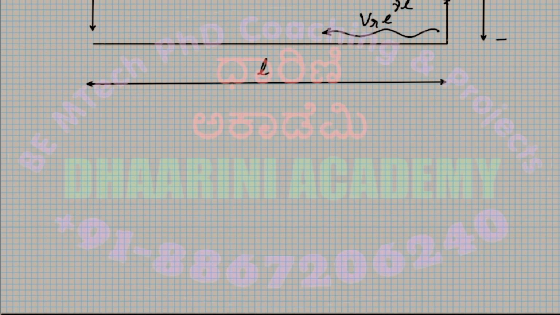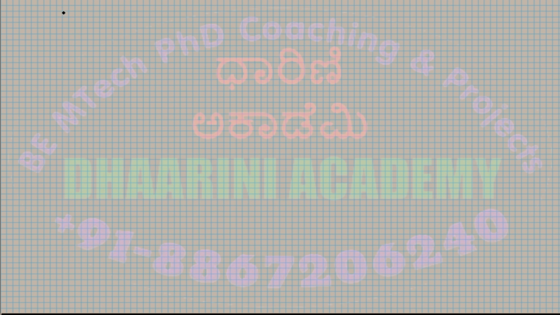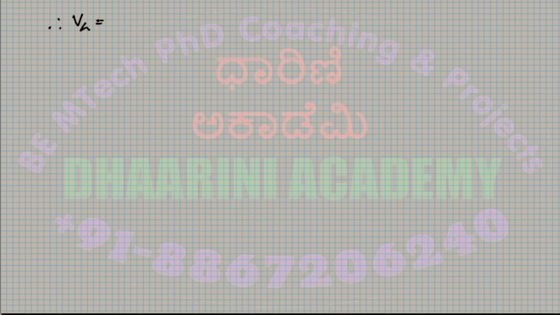Now, the voltage across the load, VL, is the sum of both components: the first component is Vs e to the power minus gamma L, plus the second component, the reflected Vr e to the power gamma L.